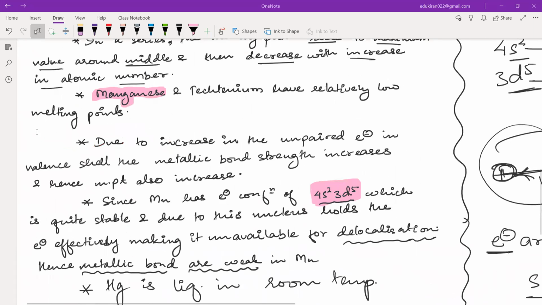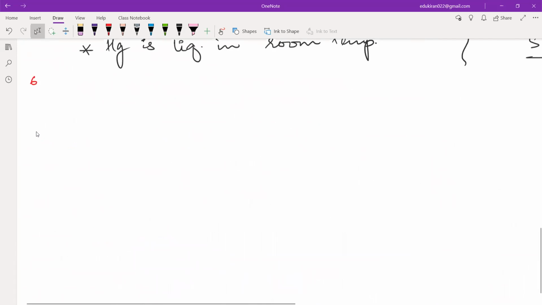Melting point means sixth is oxidation state. Let me show you the type of oxidation state these elements show. So I'm talking here about the 3D series only.